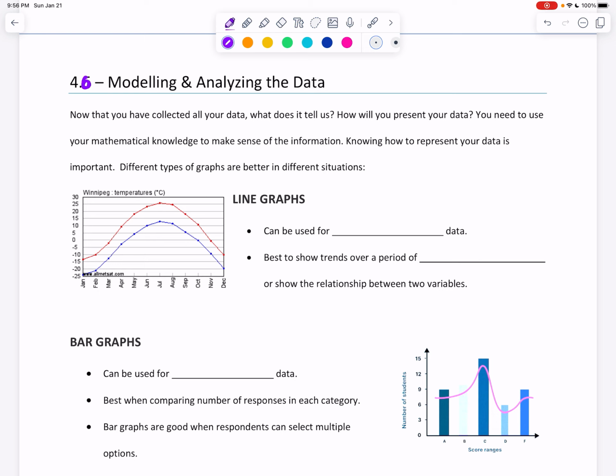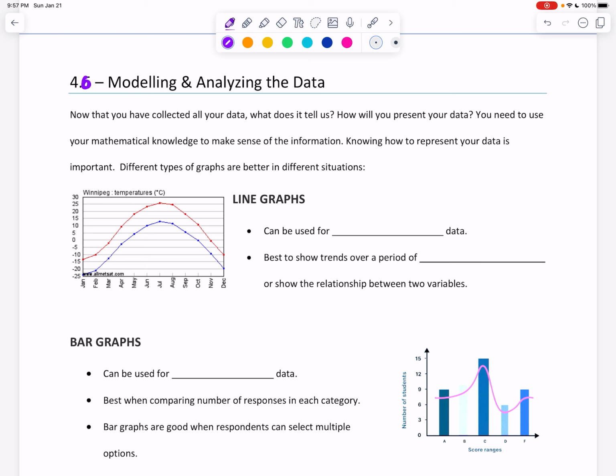Now, oftentimes when you collect data, that data might be unorganized and hard to interpret if you have, let's say, 100 responses and you're just looking through page after page of data. So oftentimes we want to present our data in ways that make sense and hopefully allow us to identify patterns or trends.